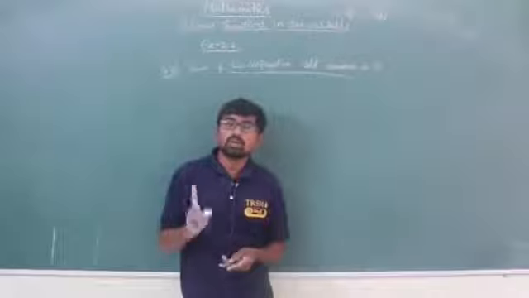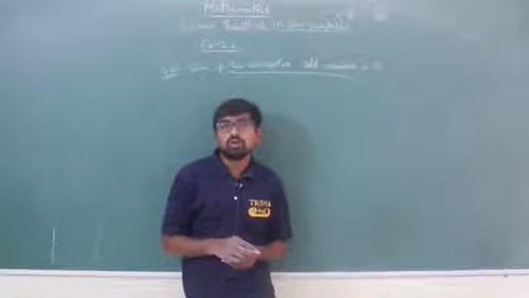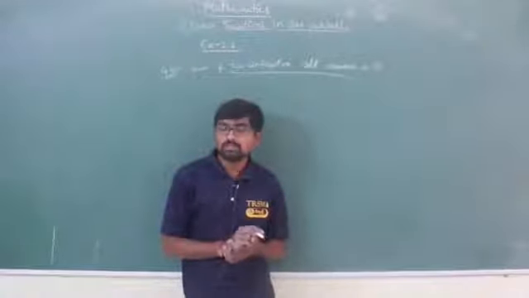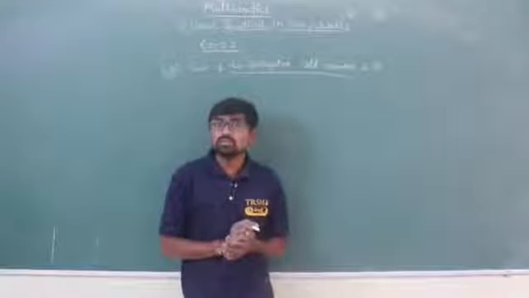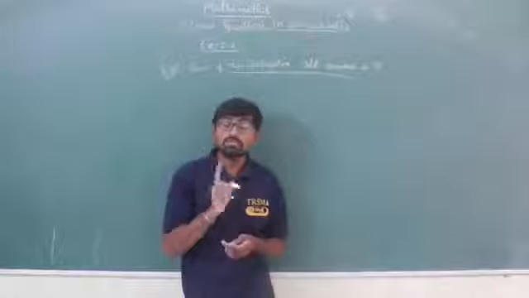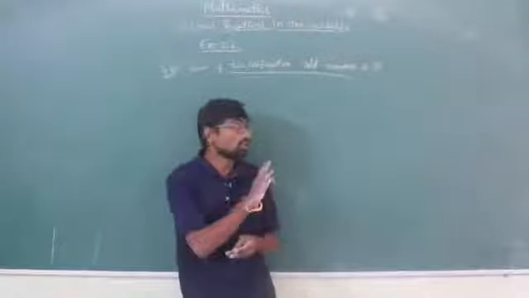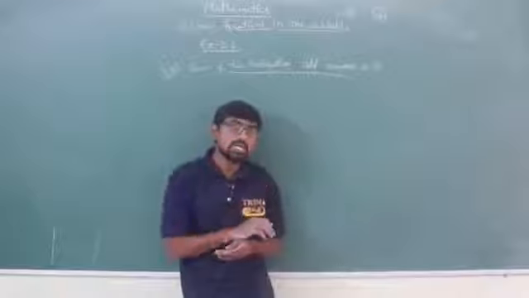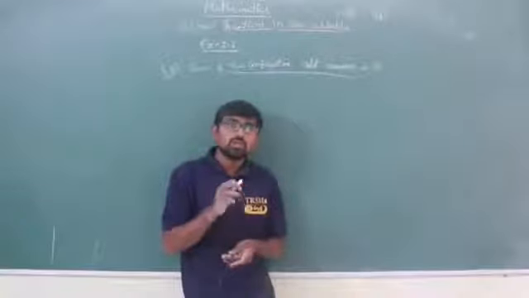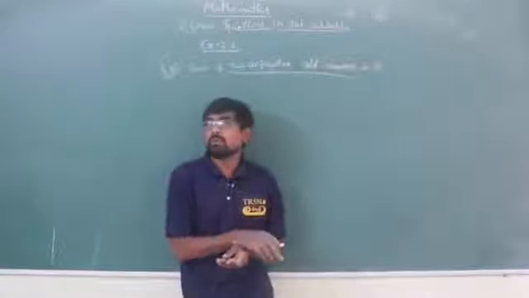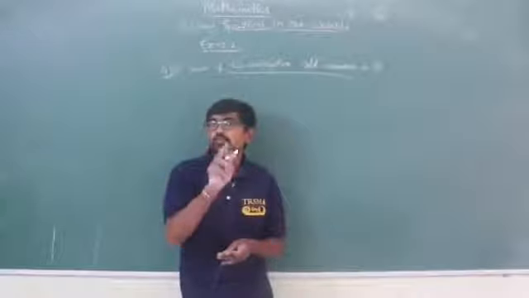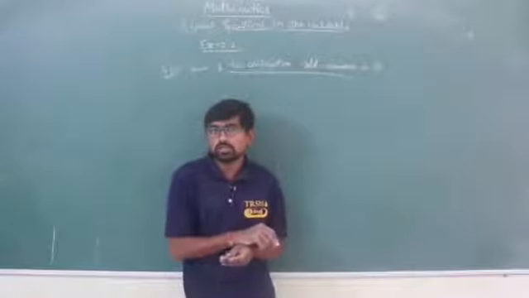Numbers which are divisible by 2 are called even numbers. We are not discussing even, we are discussing odd. When odd numbers are divided by 2, we will get the remainder 1, isn't it?